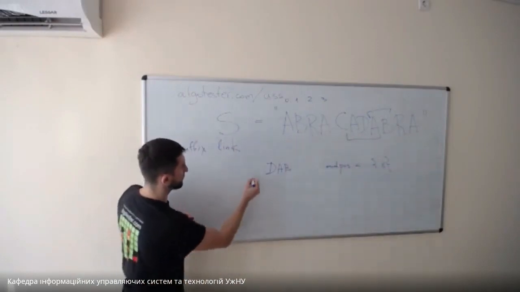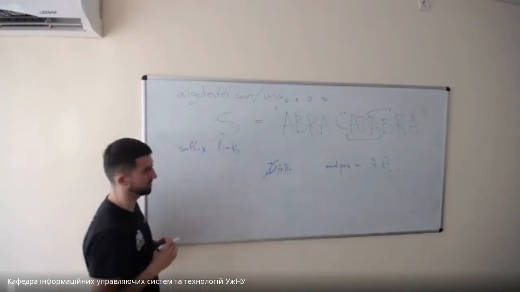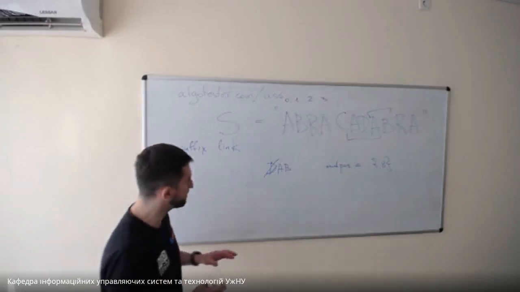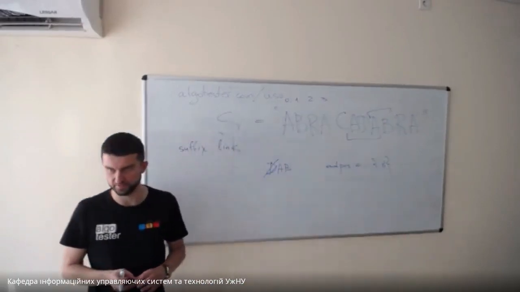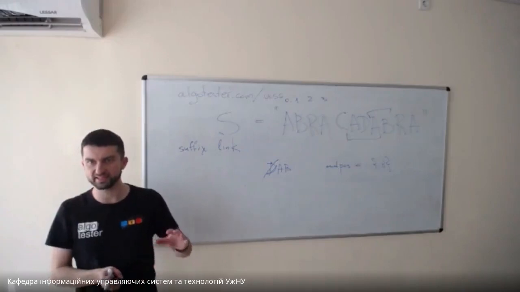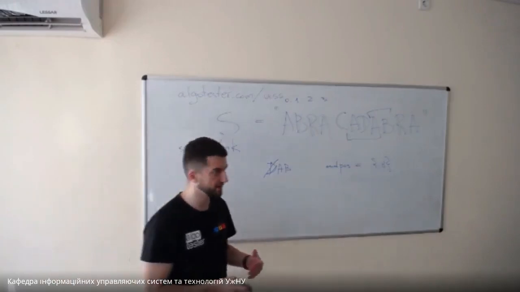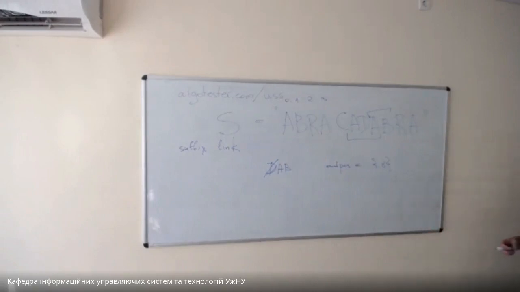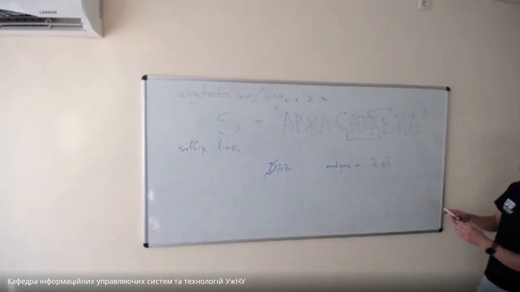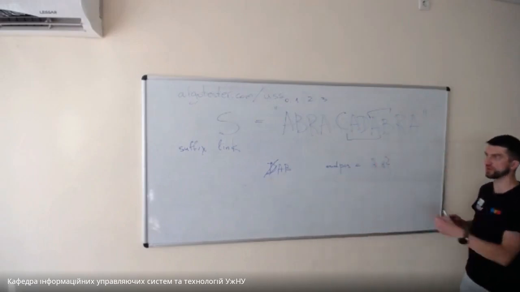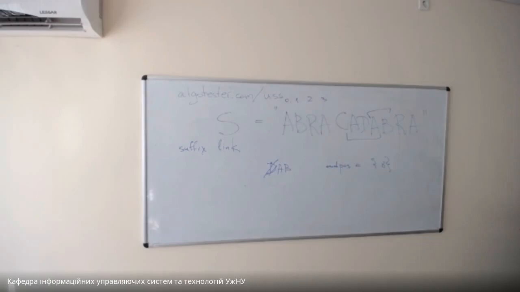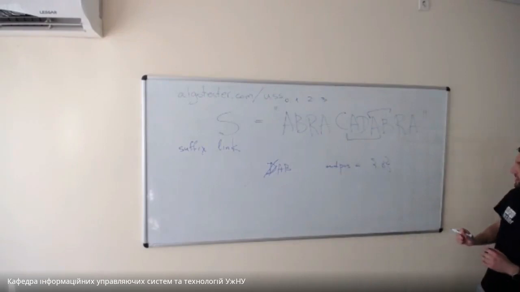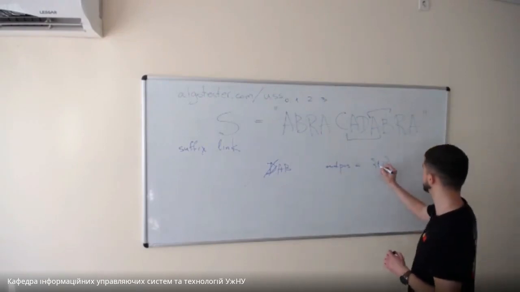Then, if we remove one character from the prefix side, what happens with end position set? It can either remain the same, or it can be larger. It can include more positions because we are removing the letter from the beginning. So actually, this is happening when we remove letter D. We will add position 1 to the set.